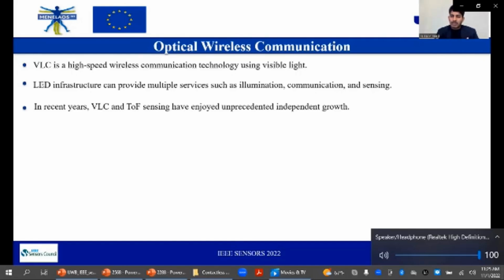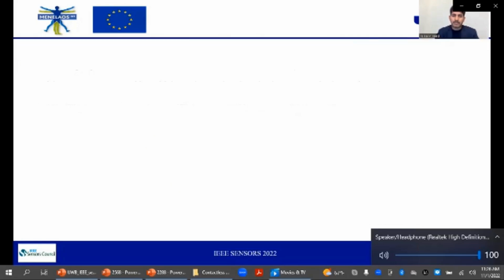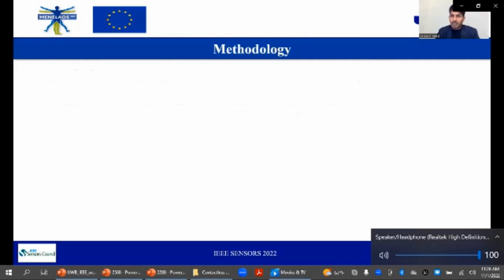So in an attempt to make an intersection of both of these independently developed technologies to obtain new services without exploiting new resources, we enabled a process that eventually led to a merger between the optical wireless communication industry and the time-of-flight imaging industry, which allows us to attain passive time-of-flight sensing services from these two different technologies at one point. So now moving ahead with the methodology, the approach which our work is based on.